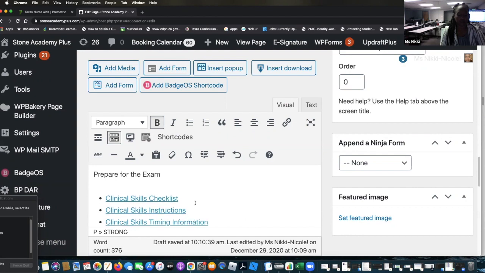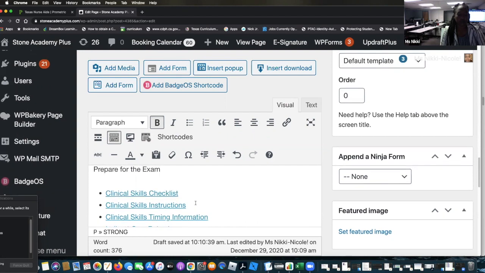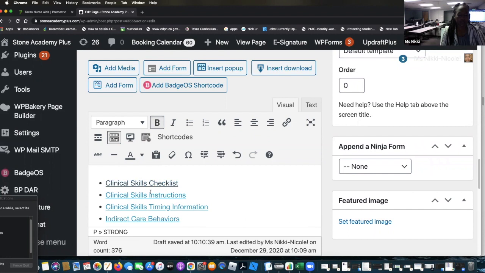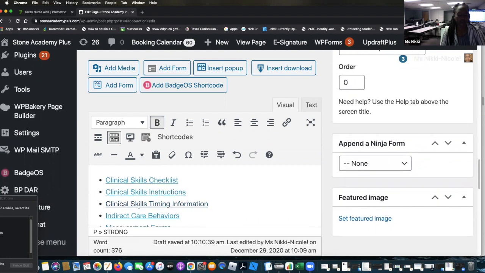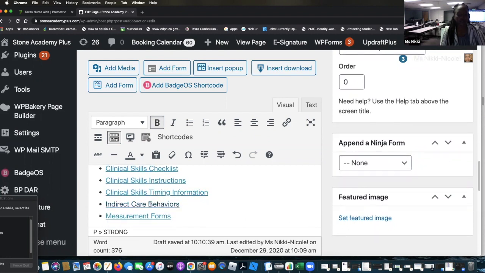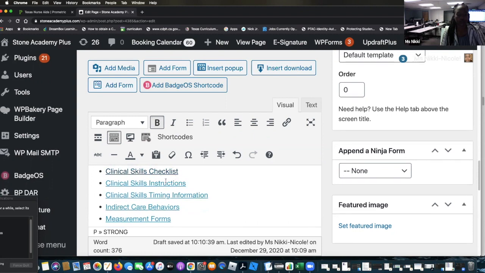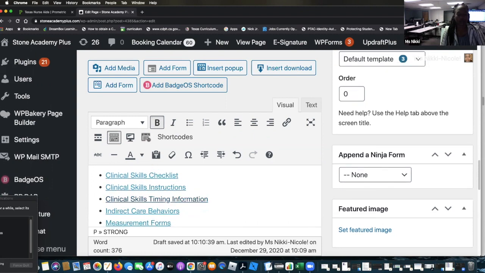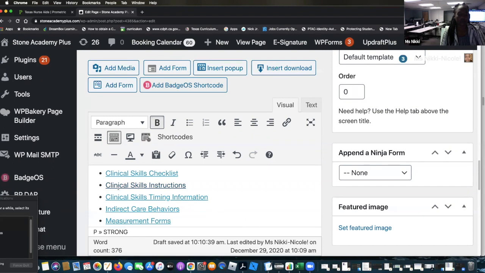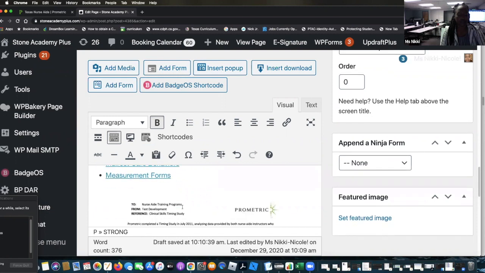Preparing for the exam. Okay, so to prepare for the exam, here's a checklist of things, the skill instructions, all the things that you will learn in class and I will have questions on. Sometimes your test will say, refer to the skills checklist or indirect care behaviors, which we're going to look at in a minute.